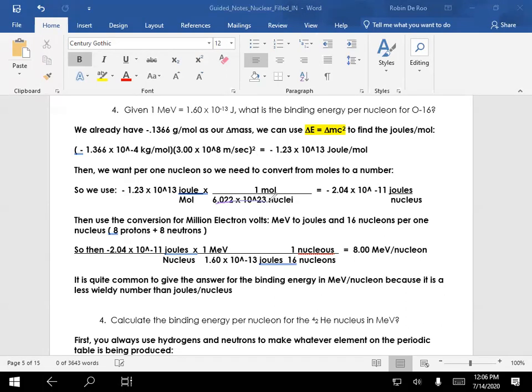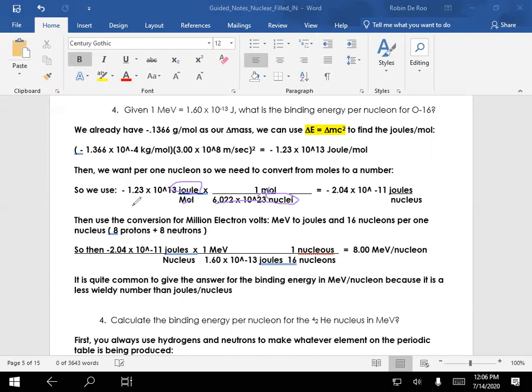So this is going to give us nuclei. Moles are going to cancel. We're going to still have joules. So that's how we get our units of joules over nucleus. And this is our answer: minus 2.04 times 10 to the minus 11.